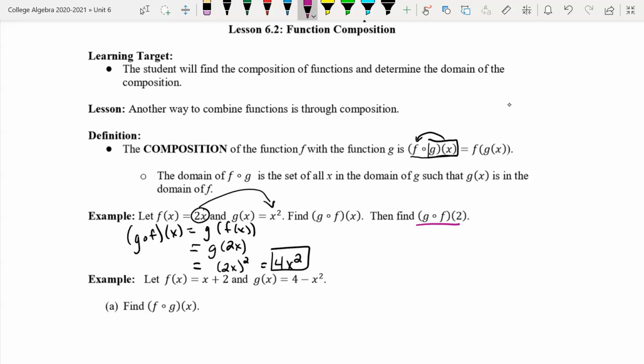Now, if I want to find g of f of 2, there's two ways to do this. The first way is you can find f of 2, which is going to be 2 times 2, which is 4, right? That means I'm plugging 2 in for the x and every x I see in f of x. And then I take my answer and I plug it into g of x.